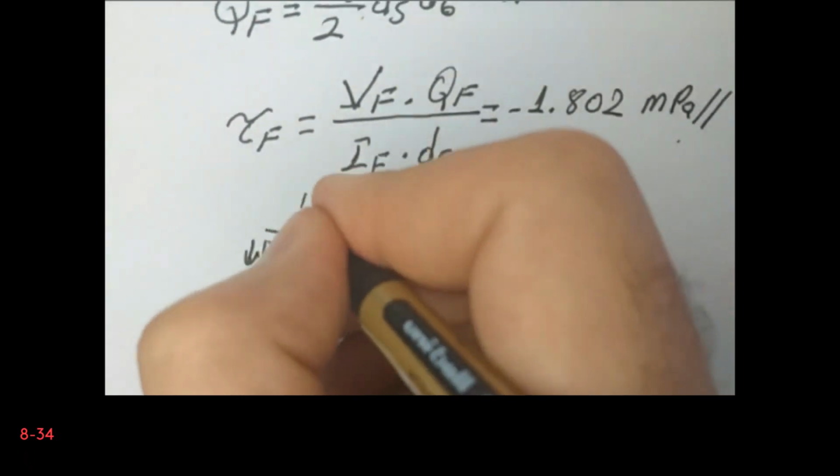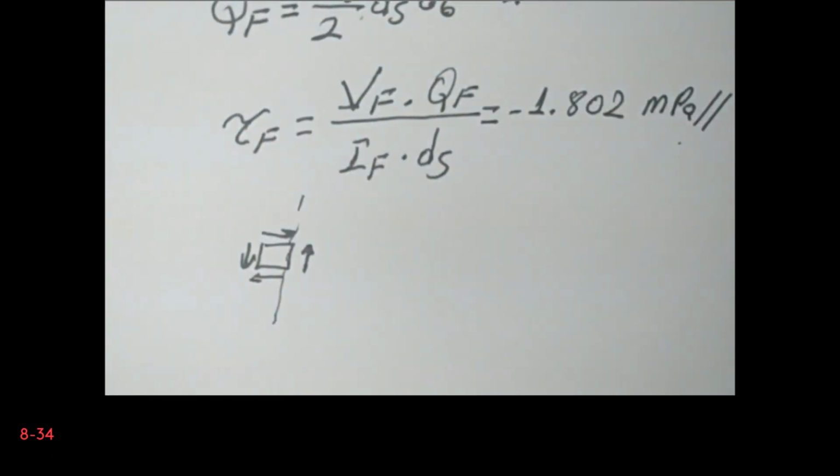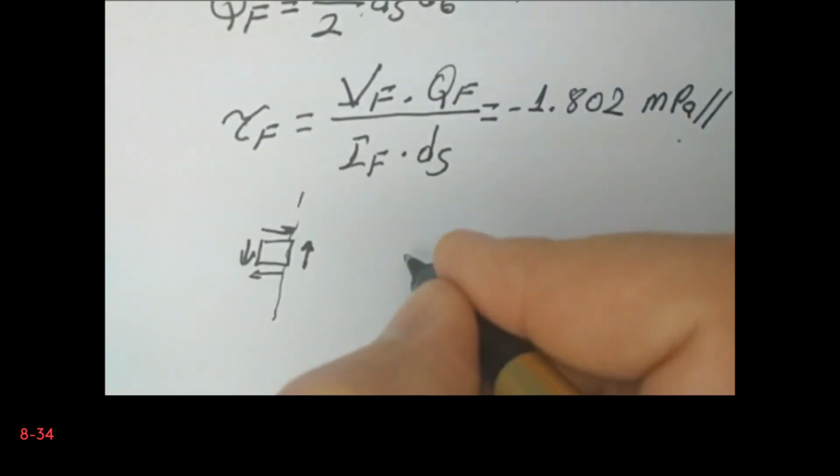Now we have also bending moment, but certainly we are asked for the bending stresses at point F, which is located just on the neutral axis, and we know that on the neutral axis the bending stresses are 0, so we can easily say that the normal stress at point F is 0.